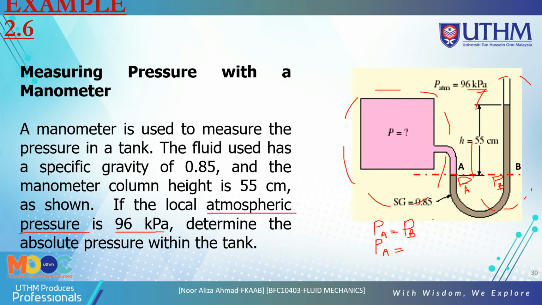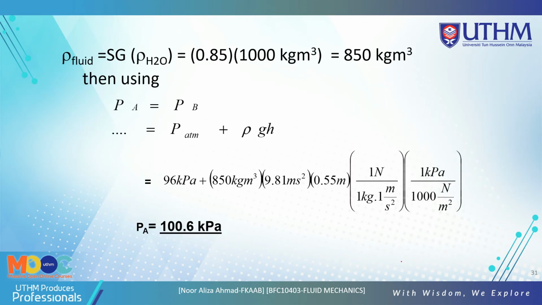So there's the P atmosphere plus the P gauge here, which is the rho g h of the fluid. H you must convert to meter. So you just calculate P atmosphere plus rho g h here. Actually this is PA.